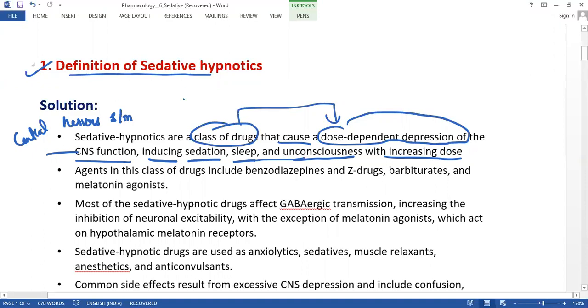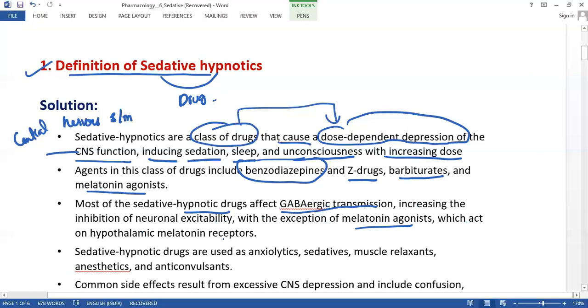This type of drug includes a group known as benzodiazepines, Z drugs, barbiturates, and melatonin agonists. These drugs also affect transmission and increase the action of agonists which act on the hypothalamic melatonin receptors.